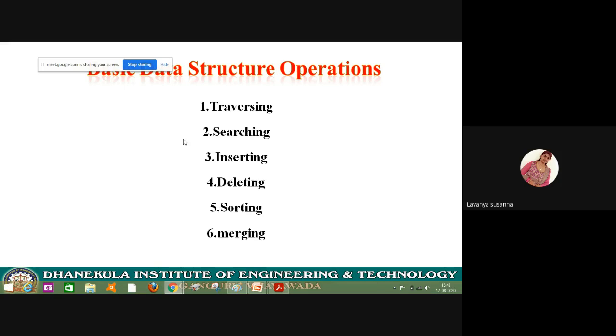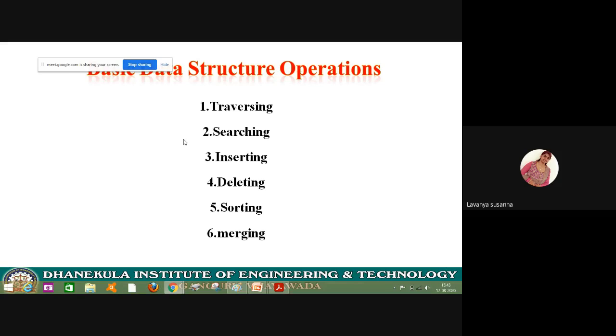Next, inserting. Inserting means inserting the data or elements into the data structure. Next operation that you can perform on data structures is deleting. Deleting means removing the element from the data structure.